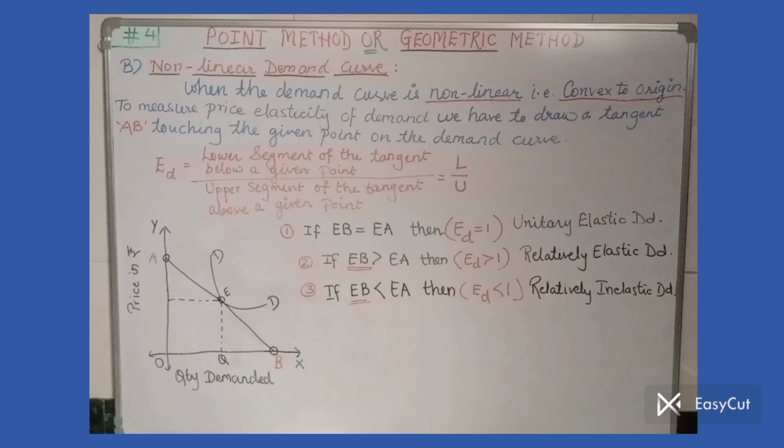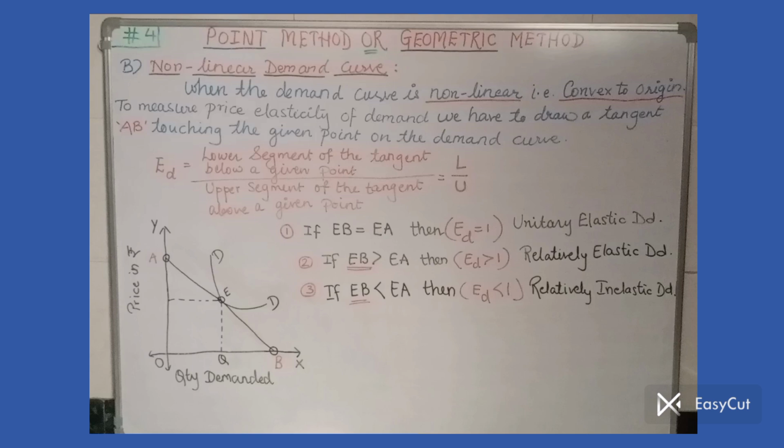But here, since our demand curve is curvature, that is non-linear, we will draw the demand curve which will be tangent. Tangent means touching. It will touch our A and B axis. We will extend the demand curve so that it touches the y axis at point A, and the x axis at point B.